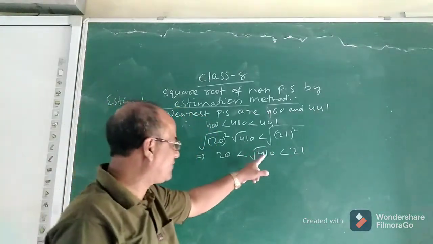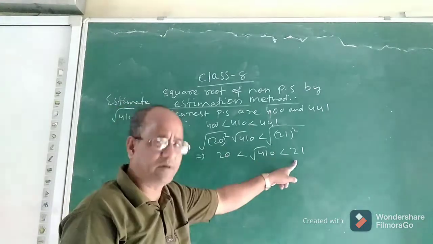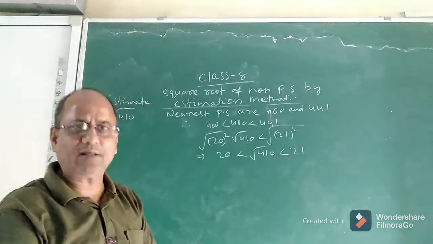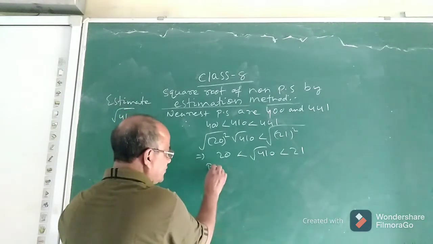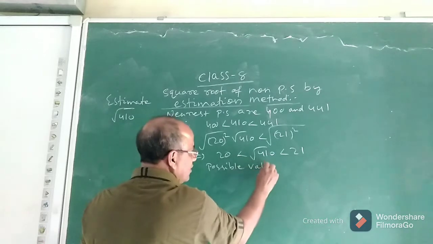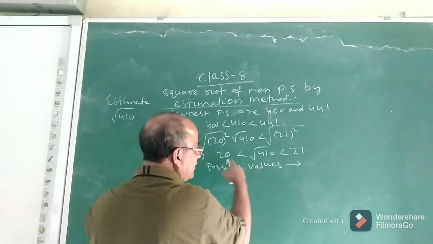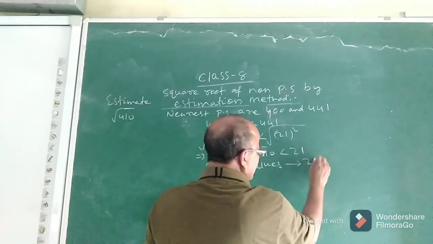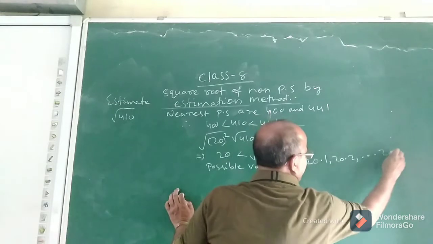Now, if the square root of 410 lies between 20 and 21, what are the possible values? It may be 20.1, 20.2, up to 20.9.